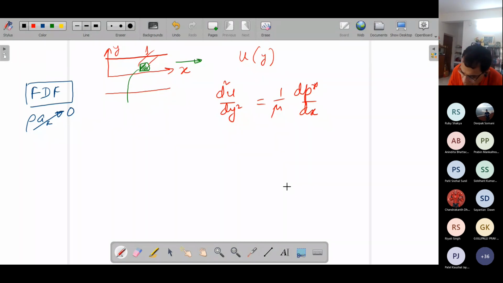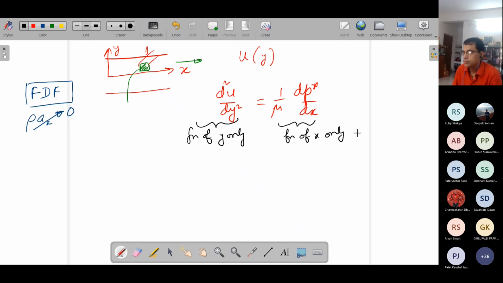This is a function of y only, and this is a function of x only. So you have a function of y only equal to a function of x only. That equality becomes justified only if each is a constant.